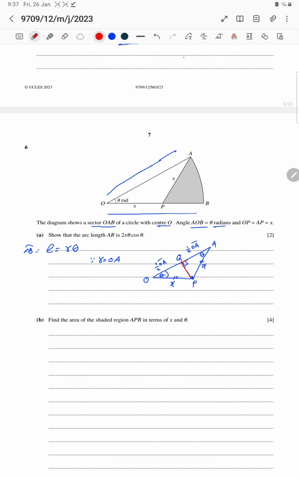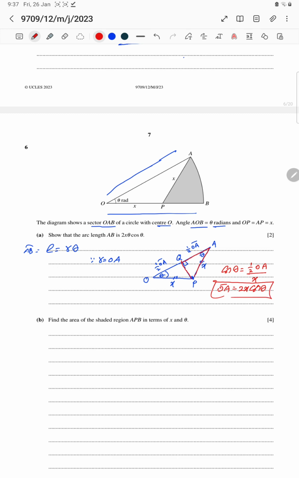Now for the right angle triangle P, Q and A, it is the same as P, O, Q. We have cos of theta is equal to base over hypotenuse, base is half of OA, and hypotenuse is x. So we can say OA is equal to 2x cos of theta. Once you simplify this, we get this one.